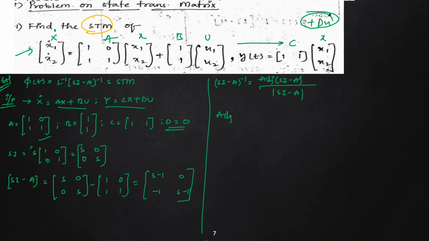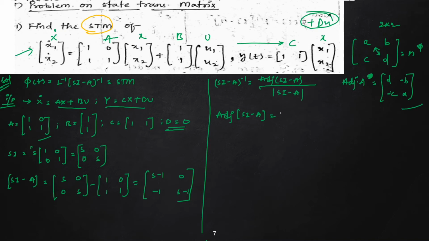So the adjoint of any 2 by 2 matrix, suppose it is [a b; c d], is obtained by interchanging the principal diagonal terms, a and d, and multiplying the other elements with a minus sign. This is how we write the adjoint of a matrix.